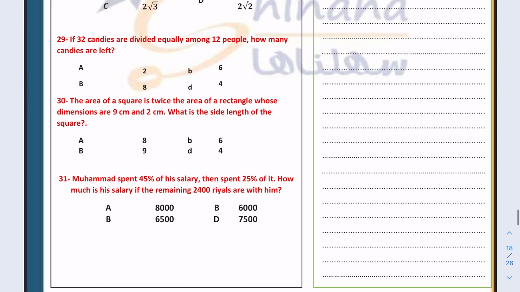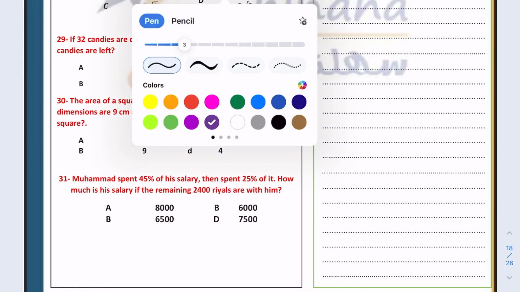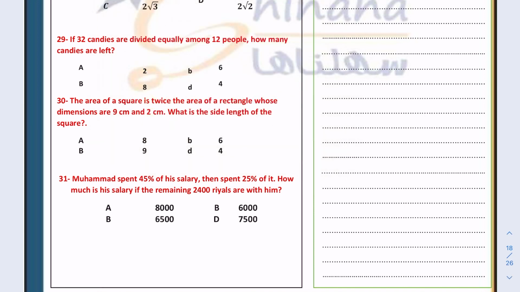Question number 29. If 32 candies are divided equally among 12 people, how many candies are left? Okay. Candy here, and we want to distribute the candy among 12 people. So I will write here 32 divided by 12. How many 12s are in 32?